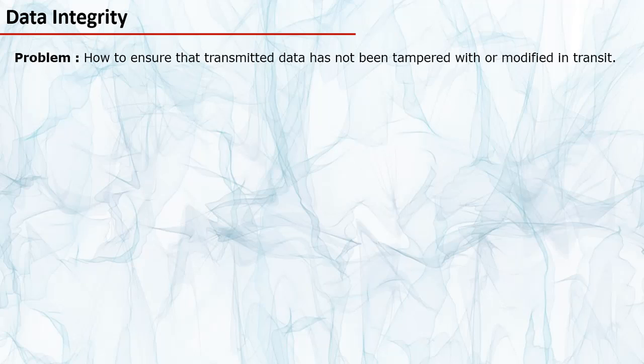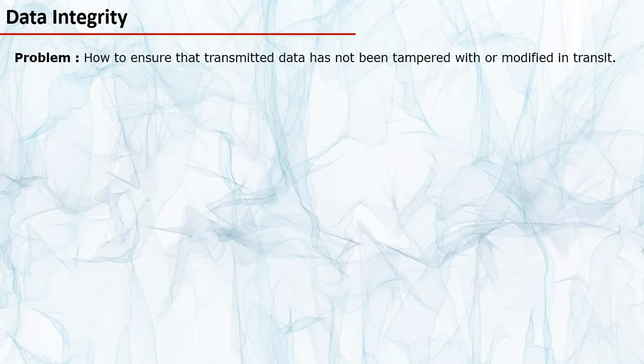These attackers intercept the connection and modify the message. So we need a mechanism to ensure that after the message is sent by the sender, there is no modification of the data. And if there is any modification, we should have a mechanism to detect any unauthorized modification to the data.